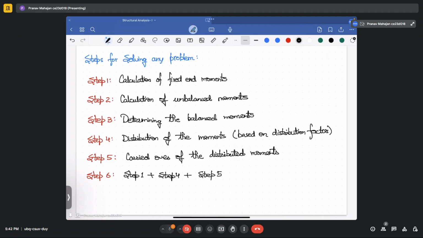Then you will determine the balancing moment, distribute it based upon the distribution factor, and after distributing the moments, you will carry over that distributed moment to the other ends, and then you will add all the moments that you have generated. If at a particular joint the moment is balanced, you will stop at that point. Otherwise you will continue and converge to a solution, reaching the point where the unbalanced moment will be equal to zero.